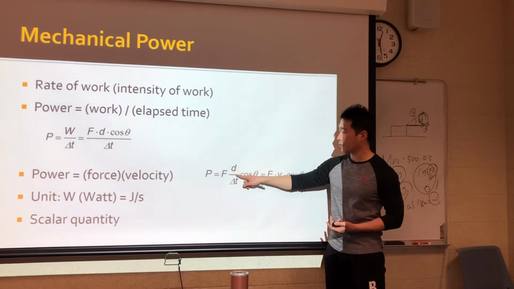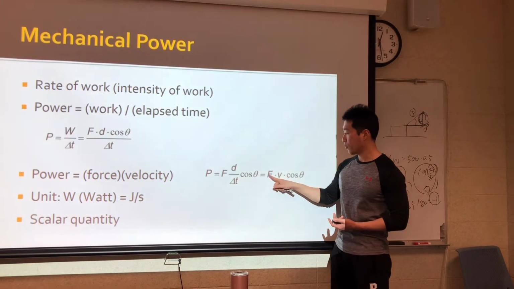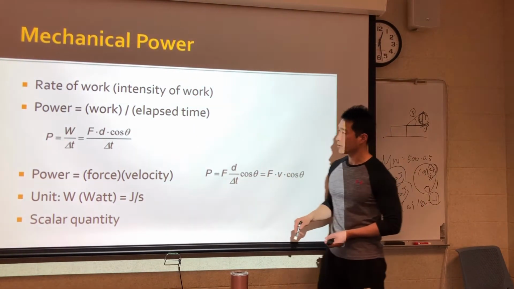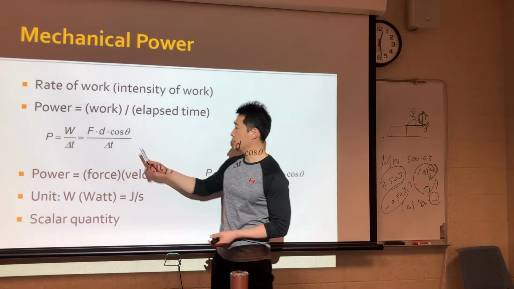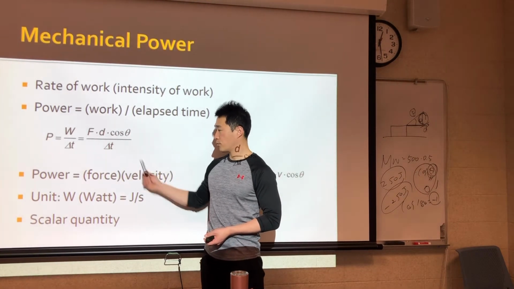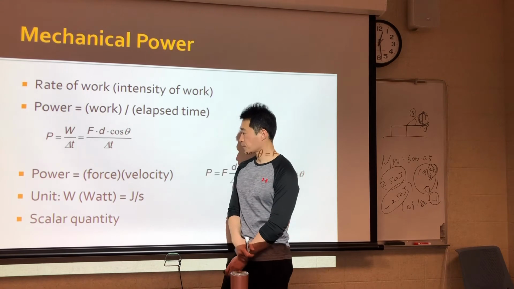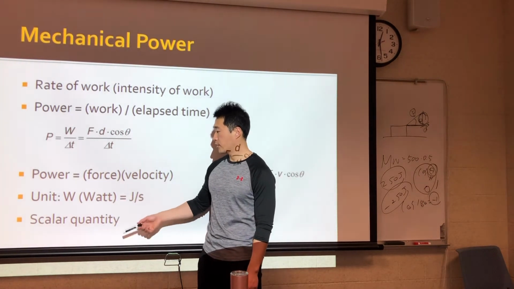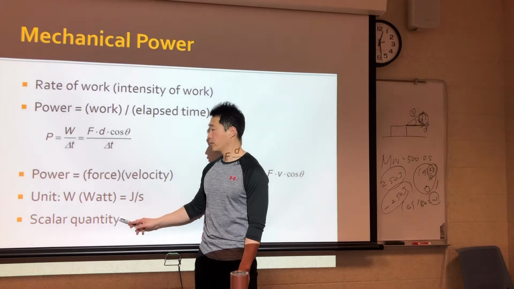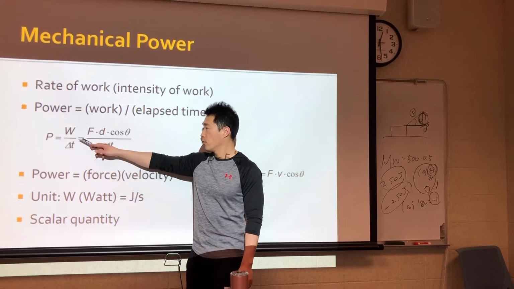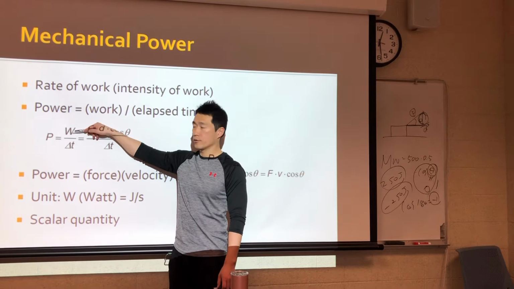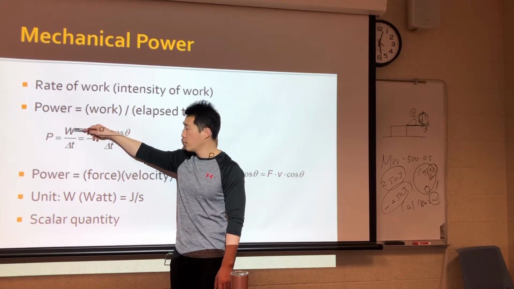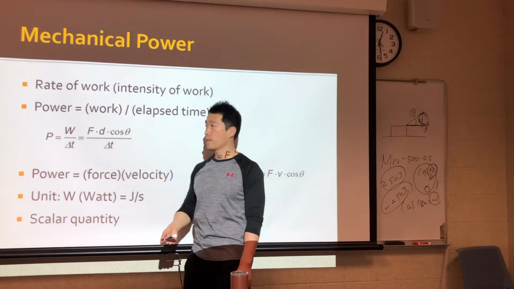So d over delta t will be velocity, so force times velocity. These two are the same, so you can use either this or this to calculate the power. The unit of power is watt, W. And this is also a scalar quantity, like mechanical work. Work was a scalar quantity, as you just learned, and scalar times scalar, then the power will also be scalar.